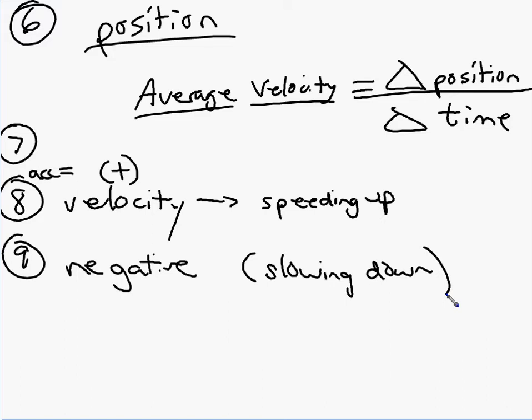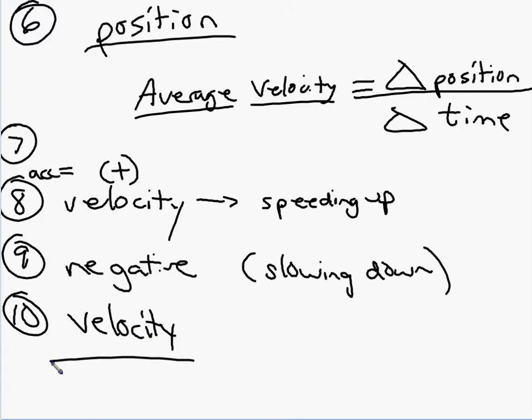Number 10. This is very important. In order for a particle to change direction, the velocity must change signs. That is so important. Think of the particle moving on the x-axis again.